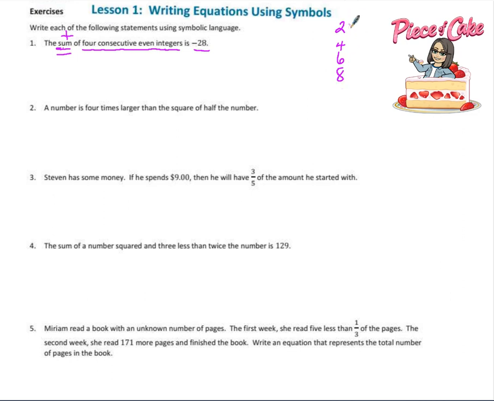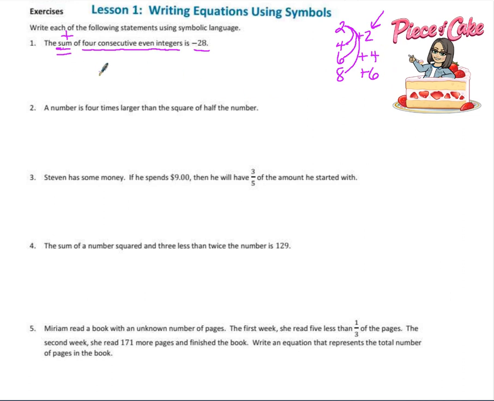If this is my first number, how do I get from 2 to 4? I added 2, right? How do I get from 2 to 6? I added 4. How do I get from 2 to 8? I added 6. So if you notice, when I am going even or odd, I'm adding 2 at a time because we have to skip that number in between.